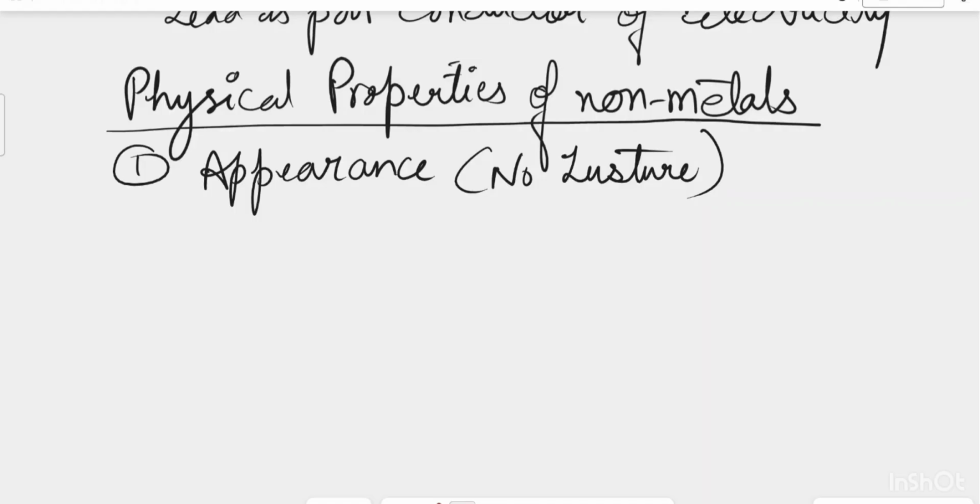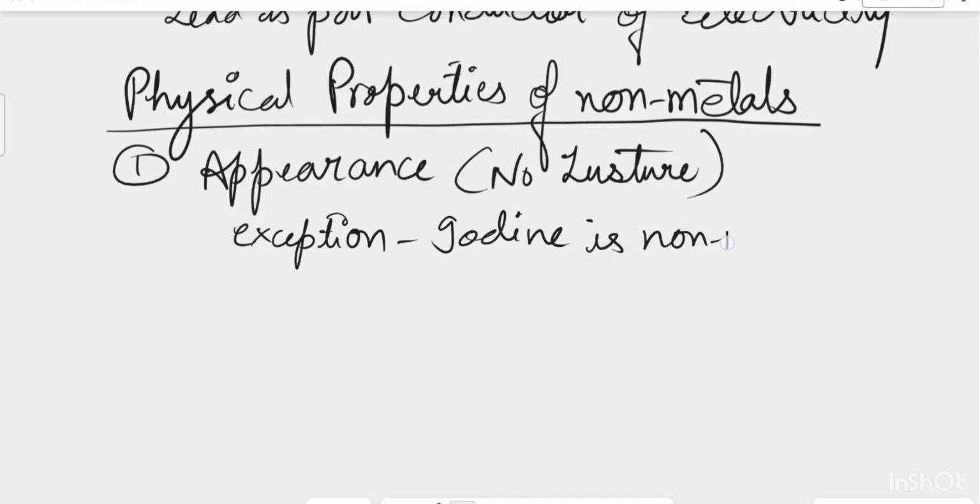Here is also one exception: iodine is a non-metal, but it is shiny.